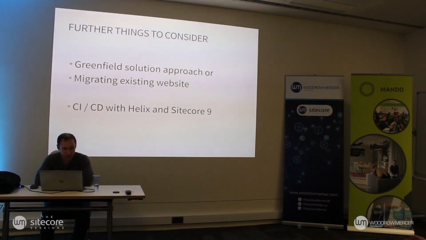You also need to consider CI/CD, how you will do that with Helix and Sitecore, whether you will go to Azure or on premises or any other options. Depending on that, it also varies how you will do and structure your solution.